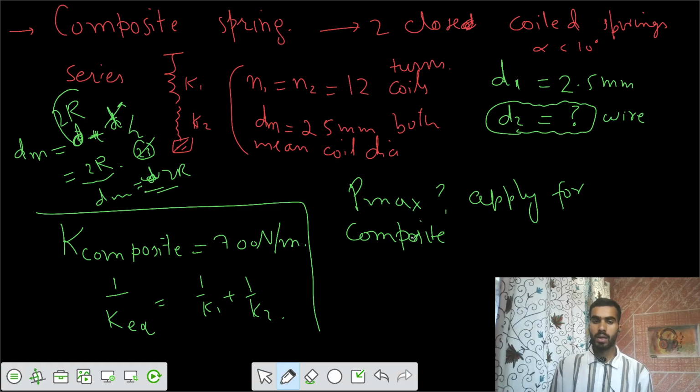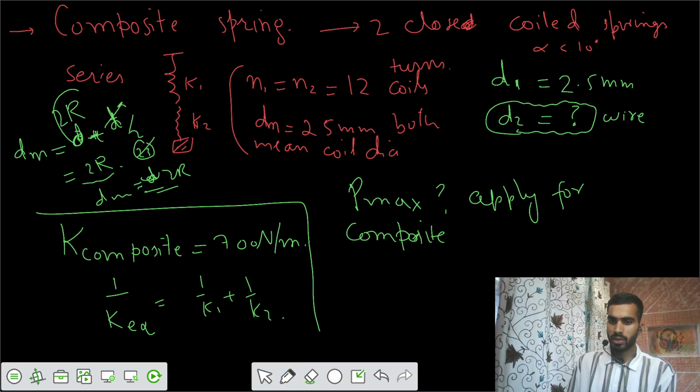If the springs are in series, the load that can be applied should be the minimum, because both springs carry the same load. If one can take a lesser amount of load, we take that value as P max.